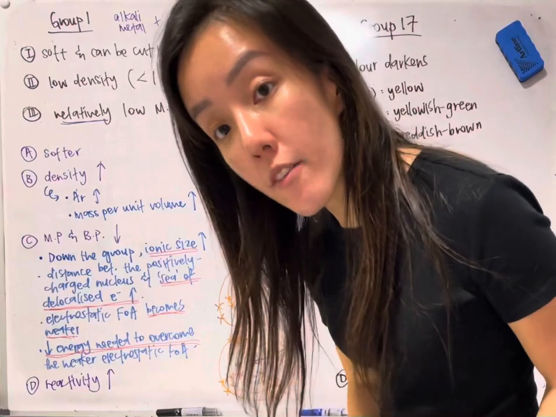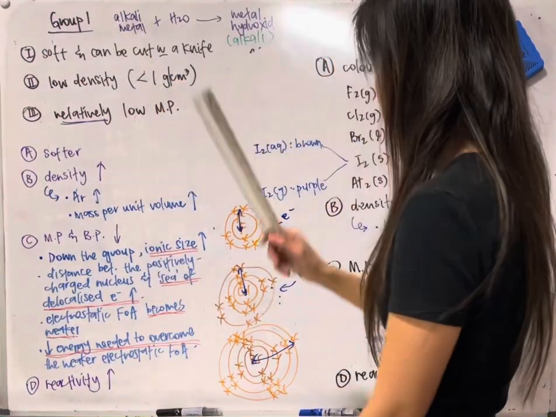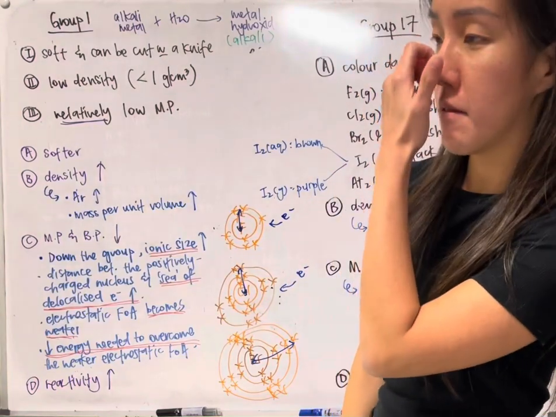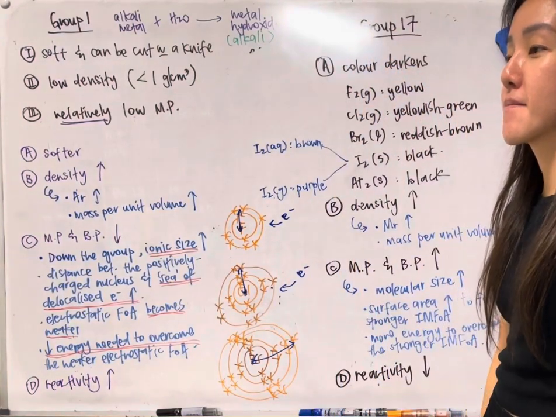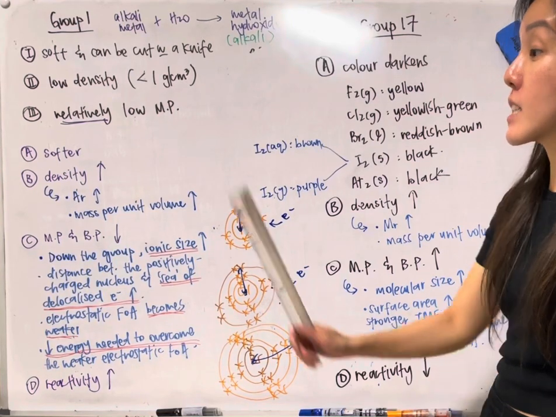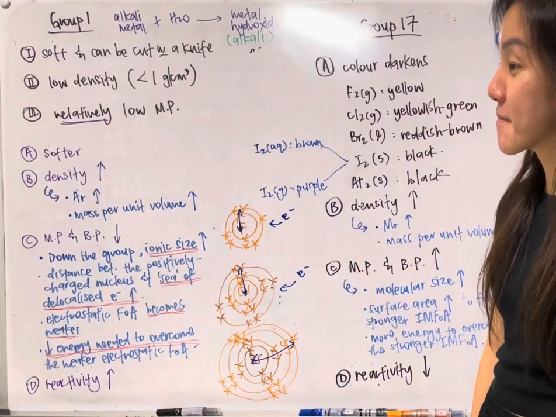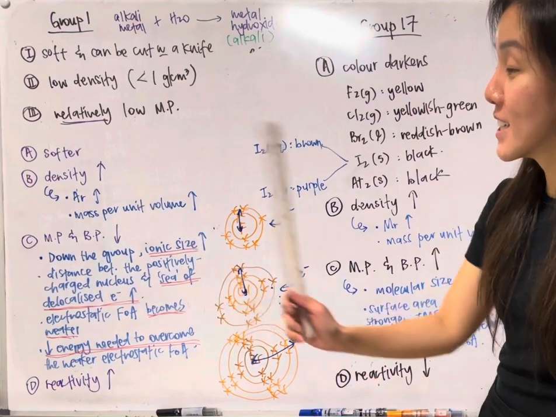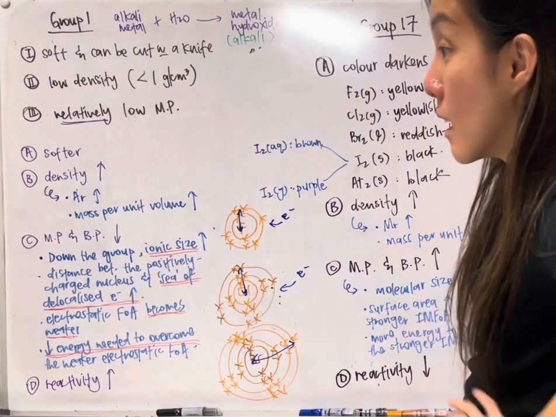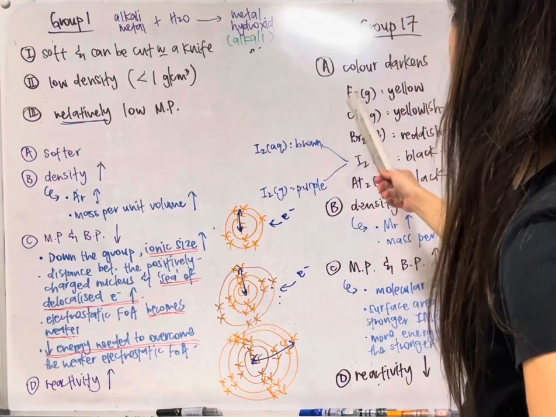Okay, can we go through one round for both your group 1 and group 17 trends? Ready? Tell me one trend for group 17. Melting point and boiling point increase. Explain. Down the group, the molecular size increases, since they exist as molecules.